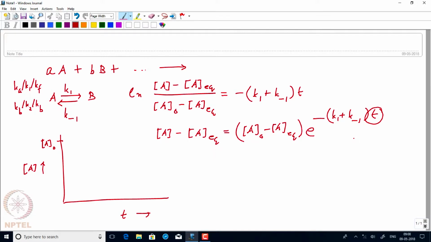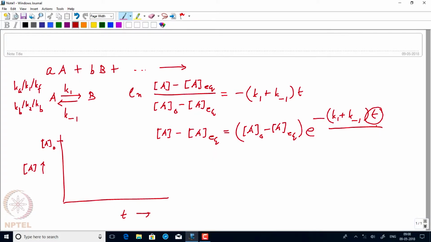So A minus A equilibrium is A0 minus A equilibrium, so A is nothing but A0. That makes sense. With respect to time, the concentration drops exponentially, just like a first order reaction. But the rate constant is not just K1, it is actually K1 plus K minus 1. So the reverse reaction also contributes.